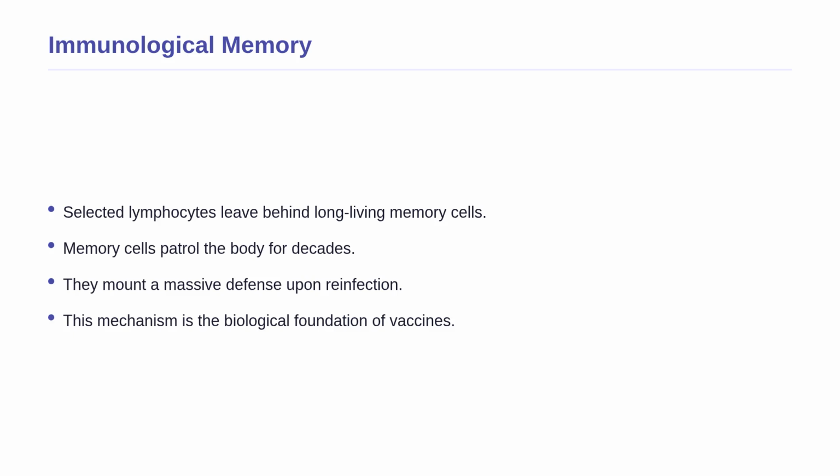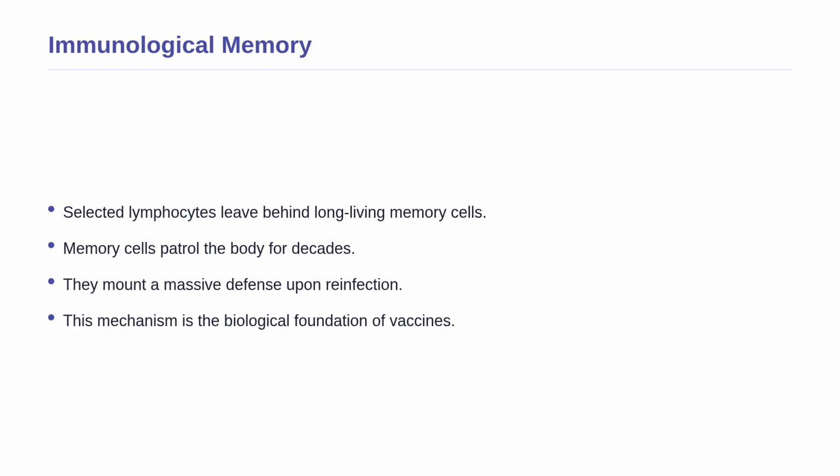Before we move on to the mathematics of this expansion, we must highlight a crucial final step. After the infection is cleared, the selected lymphocytes do not just disappear. They leave behind long-living memory cells that patrol your body for decades. If that exact same pathogen ever enters your body again, these memory cells recognize it instantly and mount a massive defense before you even feel sick.